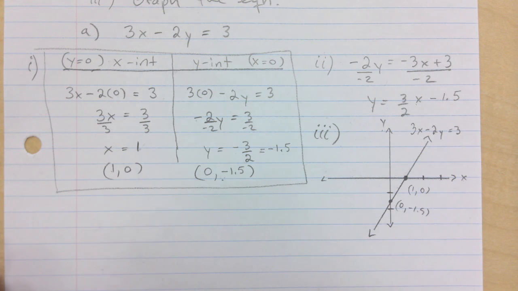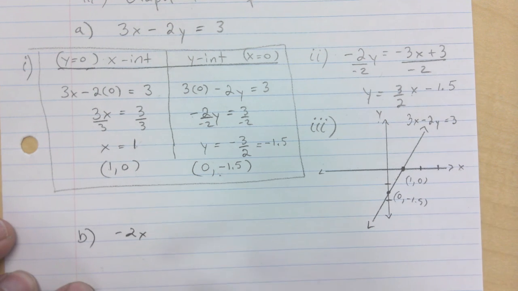Okay, so now I'm going to give you a bunch to try on your own. And you're probably not going to have enough time to do it all today. So I'm just going to write them down and you just copy them for now. Okay, I'm going to get it off of my negative 2x. No, wait. I think I got it wrong here. It's on the next page. Plus y is equal to 1. 3y minus 2x is equal to 9.